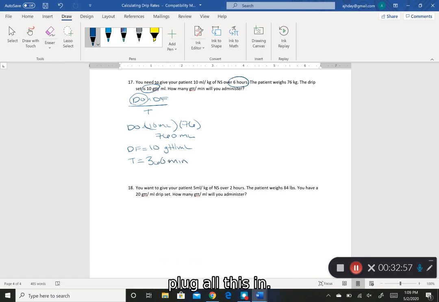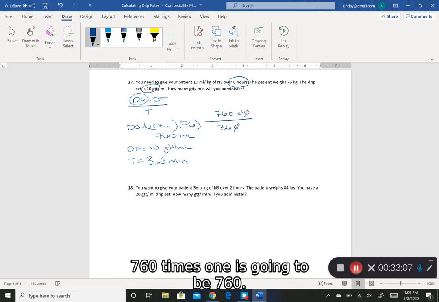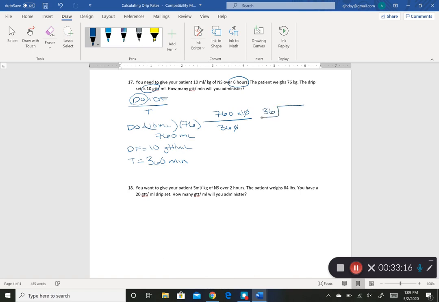So now we're going to go ahead and plug all this in. We have 760 times 10 over 360. 760 times 1 is going to be 760, so we have 760 divided by 36. 36 goes into 76 twice. 36 goes into 40 one time.